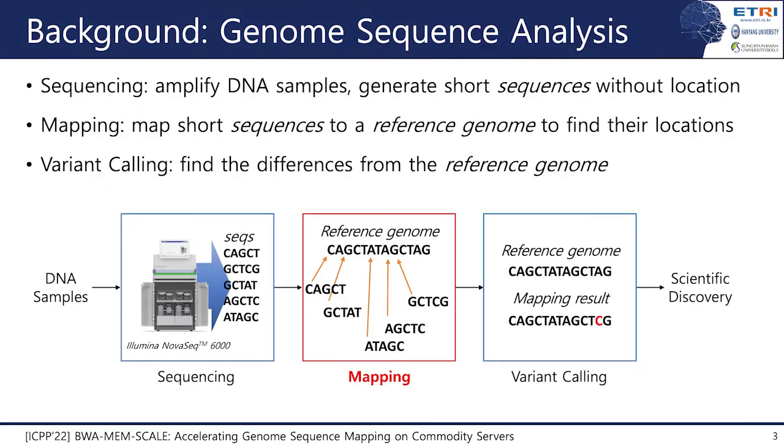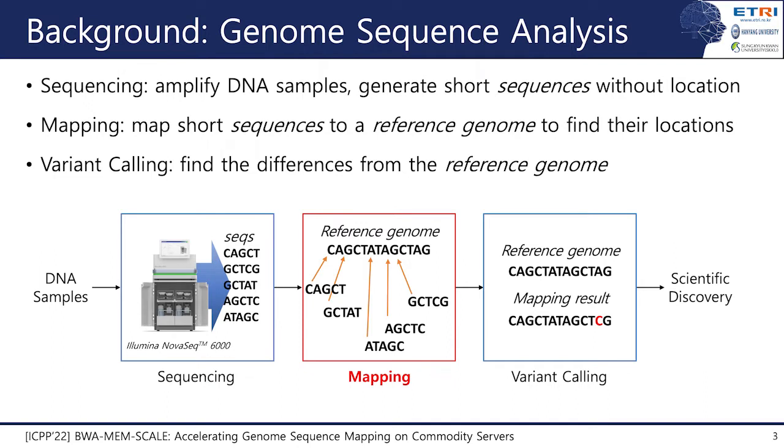Then, let me explain genome sequence analysis. The genome sequence analysis starts with DNA samples from organisms, and it is to discover some scientific facts, including the cause of disease. Today's genome sequence analysis involves three steps. The sequencing step amplifies the DNA samples and generates short genome sequences from the DNA samples.